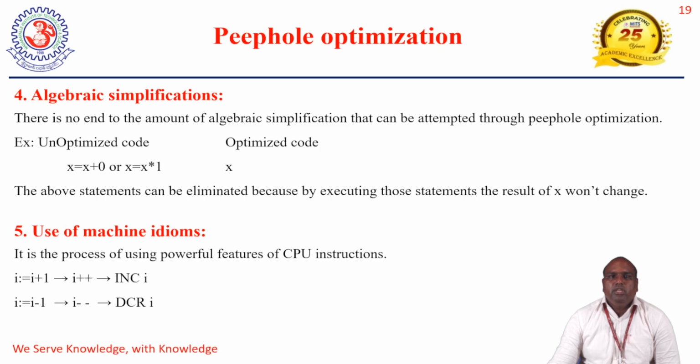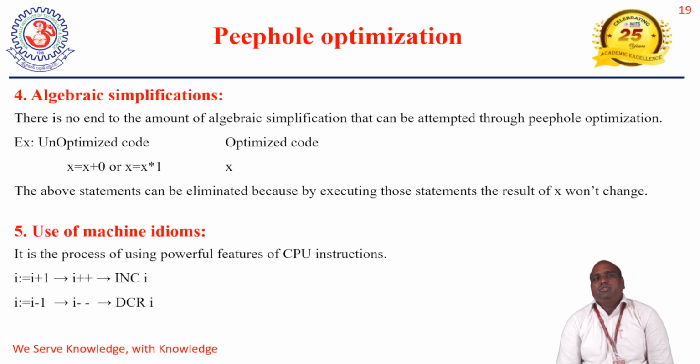Now we will go for the overview of these code optimization techniques. It is one of the important phases in compiler design. There are different types of code optimization techniques: loop optimization, peephole optimization, and principal sources of optimization. The core point of these three concepts is the same: to optimize the code and improve the performance and efficiency of the compiler.